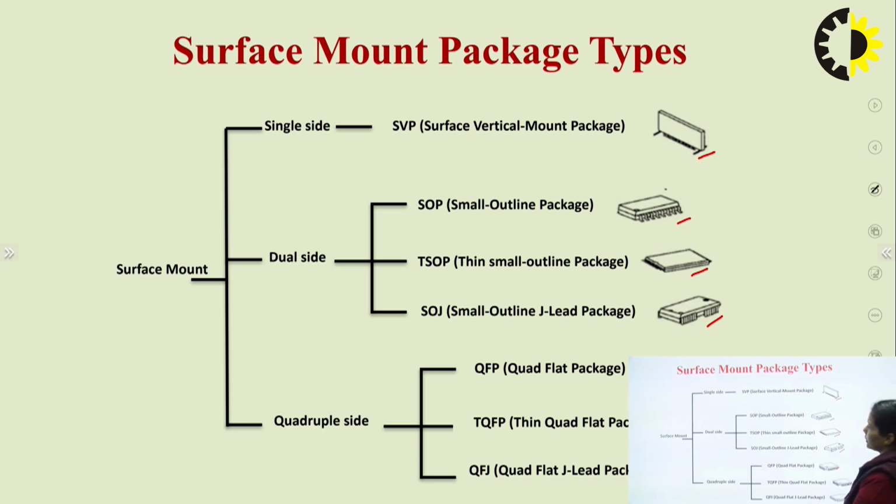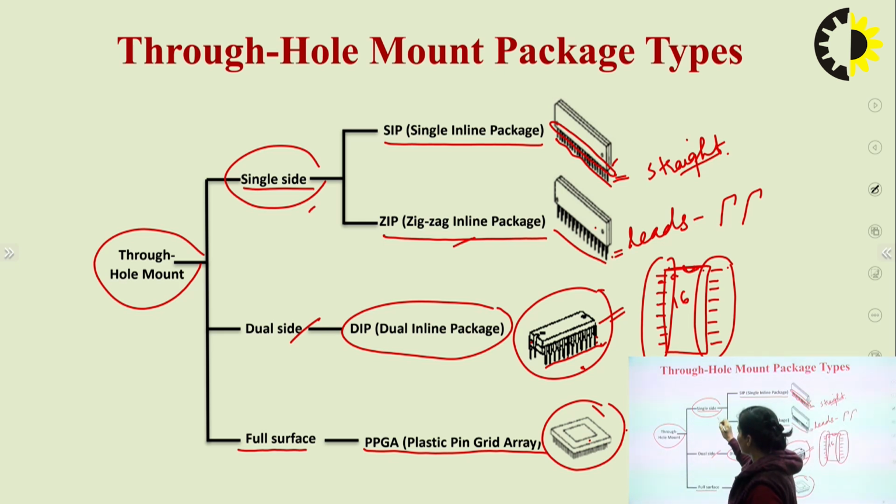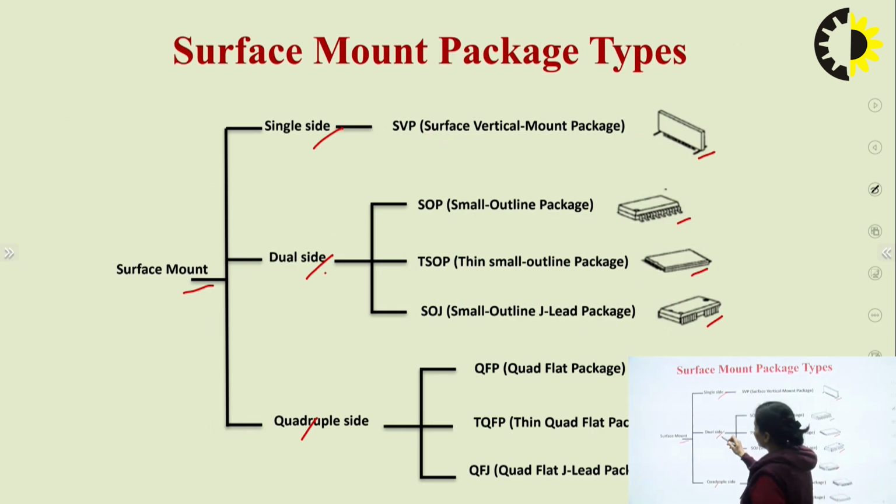Again, when we divide the surface mount packages, we can broadly divide them as single, dual and quadruple. Similar to through-hole mount, where there were three types: single, dual and full surface, in surface mount packaging there are again three types: single, dual and quadruple side.